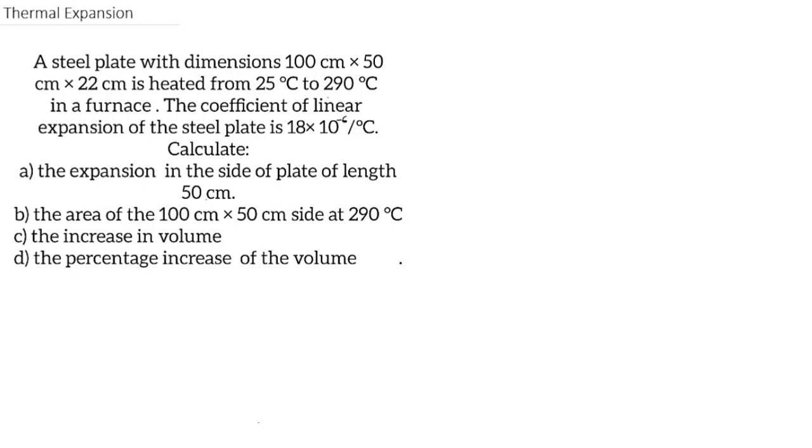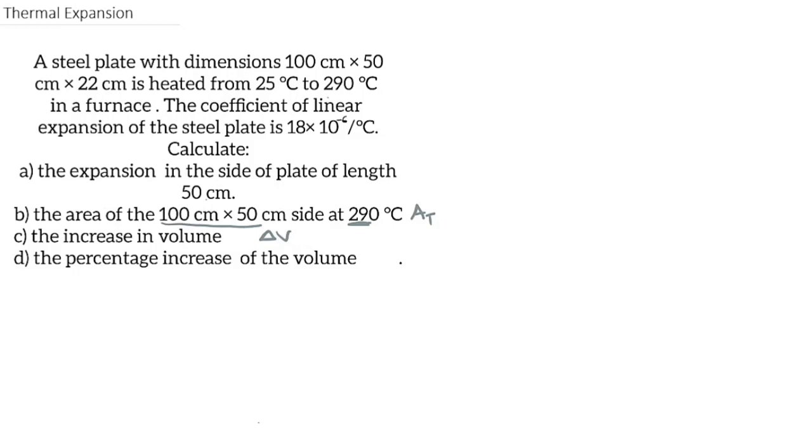Calculate the area, given the specific dimension here for the area, this one. And then the increase in volume, that means they are looking for an increase in volume. The area in this dimension at this side, that means they are looking for the total area.